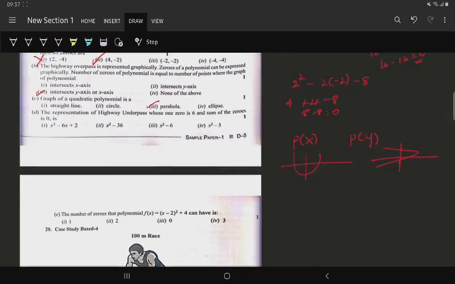Next, go to the fourth question. The representation of a highway underpass whose one zero is 6 and sum of zeros is 0, then the polynomial is. So we have a quadratic equation. If the sum of zeros and the product of zeros of a polynomial are given, we have x square minus sum of zeros into x plus product of zeros.